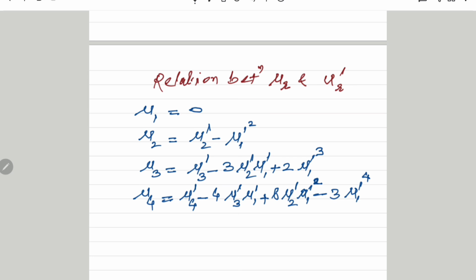Therefore, once again, 1 plus 6, 7. 7 minus 7, we get 0.